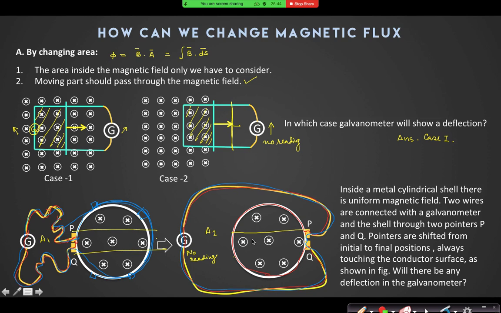Yes, sir. Then definitely there will be a deflection because this moving part is moving inside the magnetic field.